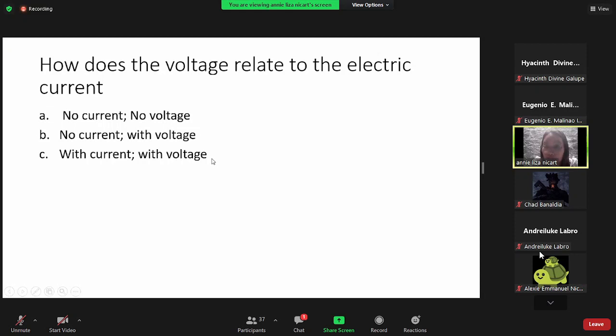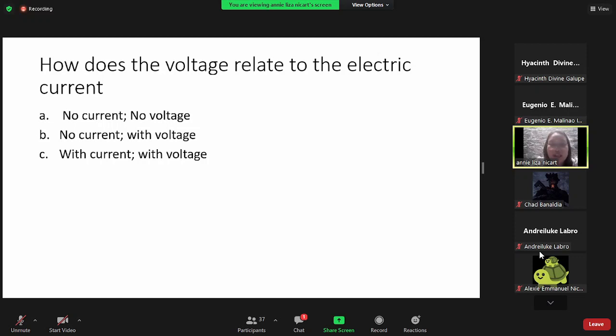Pero kung brown out, kahit isaksak mo yung appliance doon sa outlet, wala pa rin talagang kuryente kasi may part sa transmission na cut off yung electricity. Okay? So yung letter C, sinaksak na yung appliance sa outlet na hindi naman brown out na may kuryente ha. So primarily, the current is very much dependent with voltage.